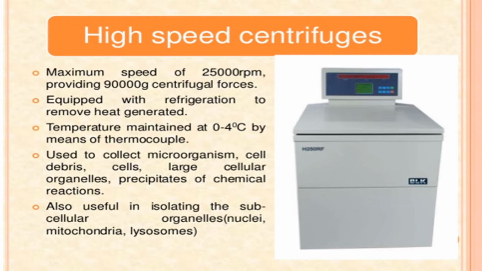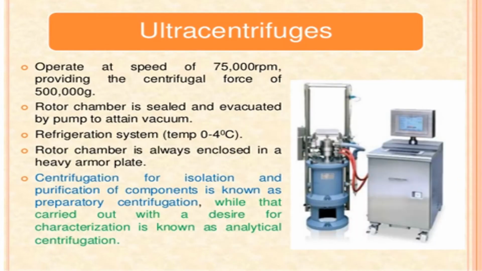Its rotor chamber is sealed and made of stainless steel and copper, and its speed is 25,000 rounds per minute. It is also useful in isolating subcellular organelles and nuclei.